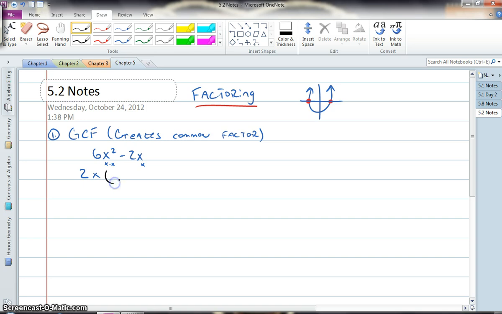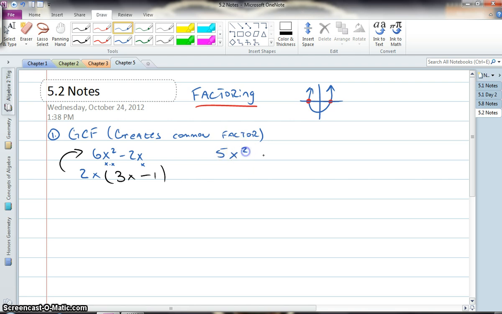Then on the inside of the parentheses, we would divide it out. 6x squared divided by 2x gives me 3x. Negative 2x divided by 2x would be minus 1. I've now put it in factored form. Now you can always check your answer by distributing this back out, it should equal what you started with.